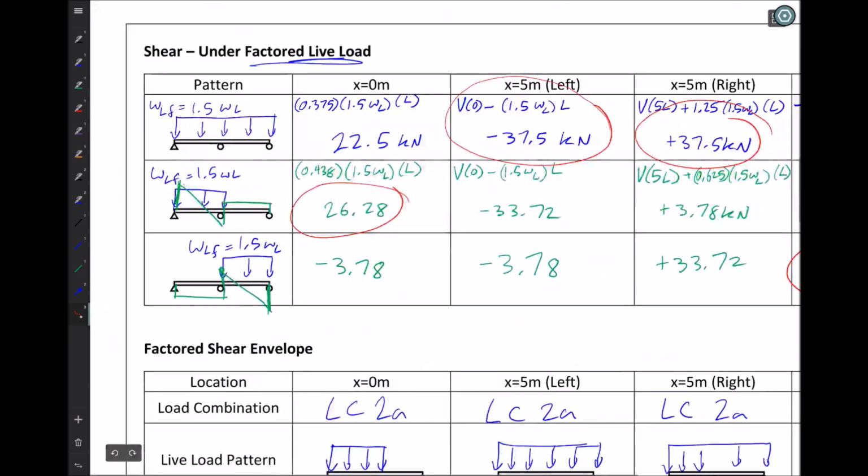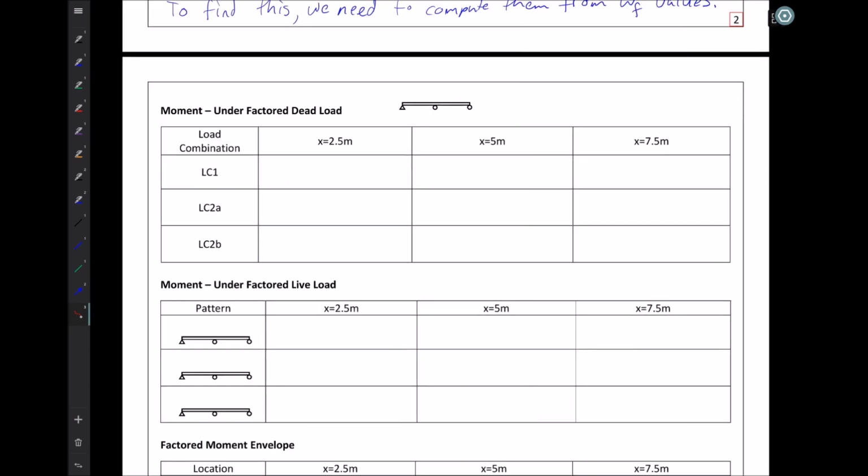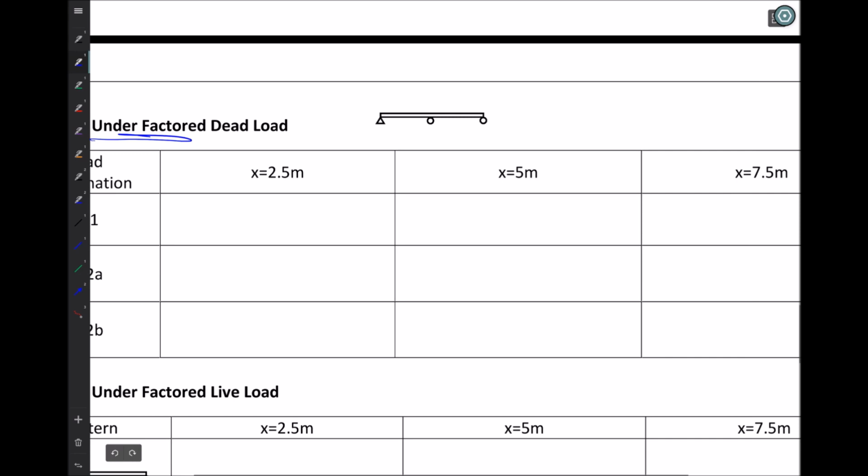And we'll go and look at what are the moments due to dead load. Moments under factored dead load. So once again, dead load will always span the full beam. So this is W dead factored.